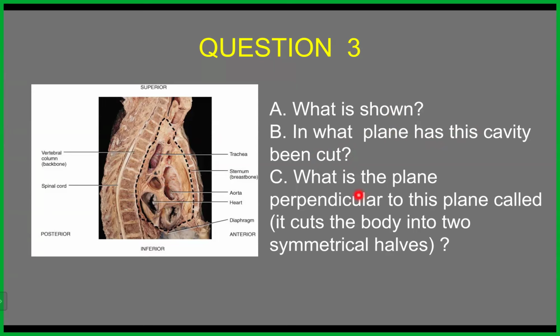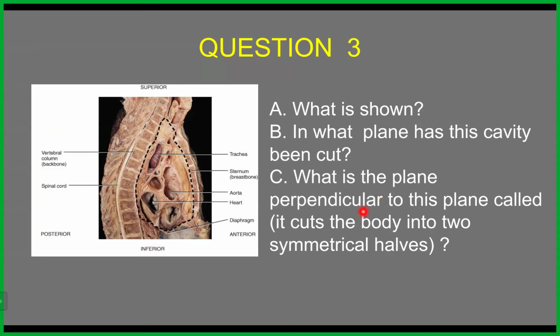The next question is, what is the plane perpendicular to this plane called? So all planes, like the XYZ plane in mathematics, intersect each other at 90 degrees. So if we have a sagittal plane and they're asking for a plane that is perpendicular to this plane, we should know from that that the coronal plane and the transverse plane would be perpendicular to the sagittal plane.